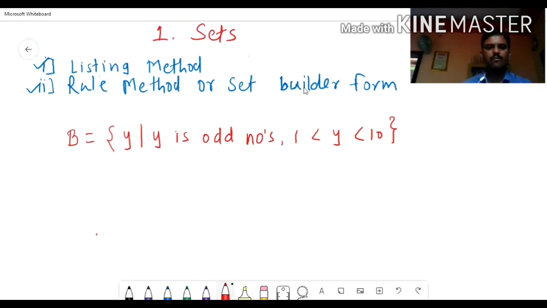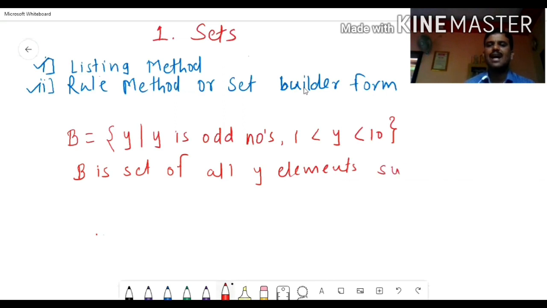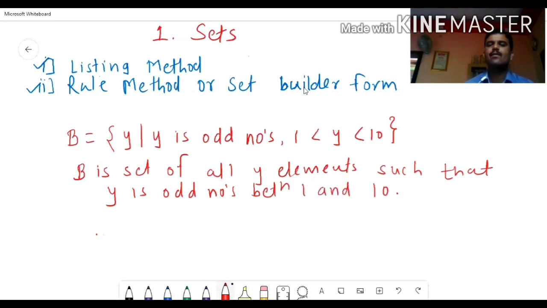So how to read it? B is the set of all Y elements such that Y is an odd number between 1 and 10.